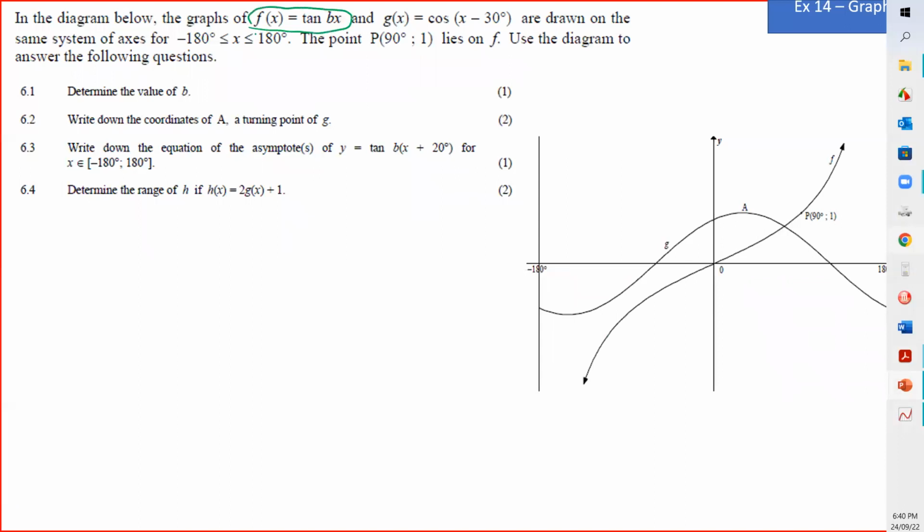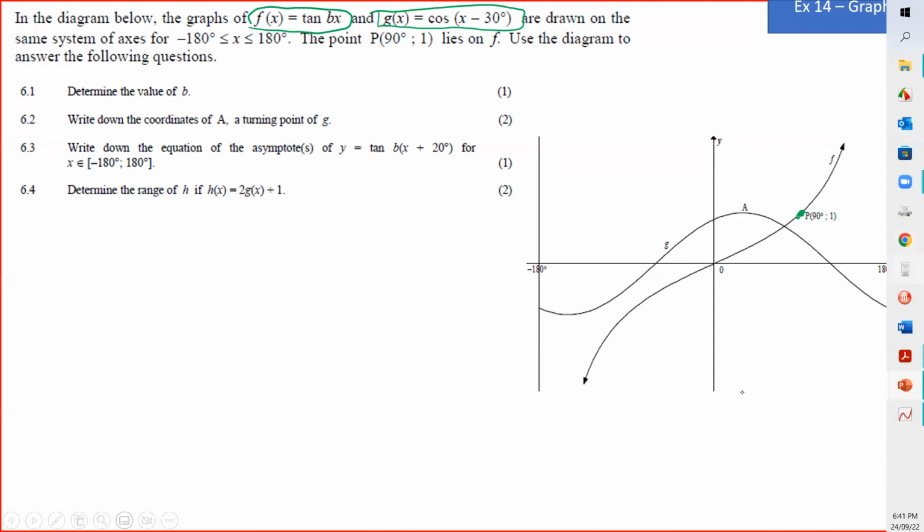So we see there's a tan bx, which means that b will affect the period of the graph. And then we have cos of x minus 30 drawn, and they give us the interval minus 180 to 180. The point P, 9 1, lies on the tan graph. Use the diagram to answer the following questions. The first question is to find b.